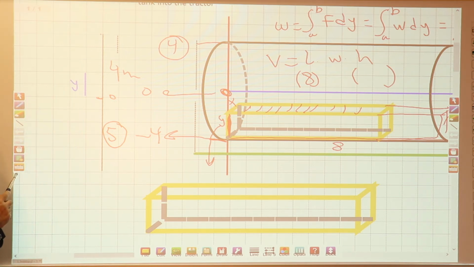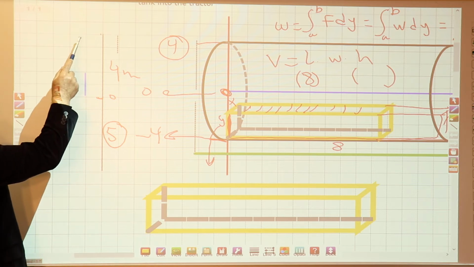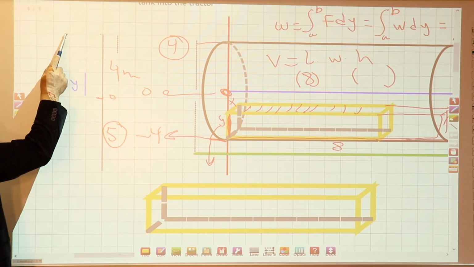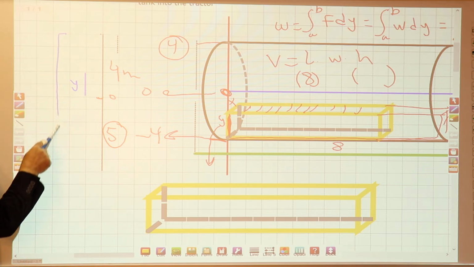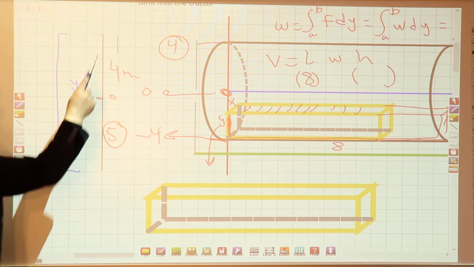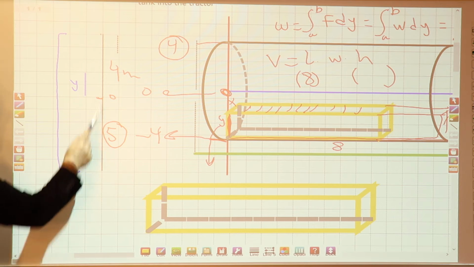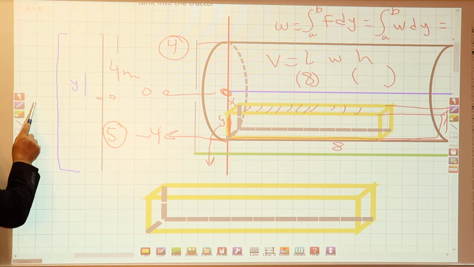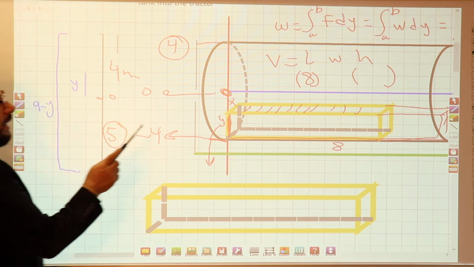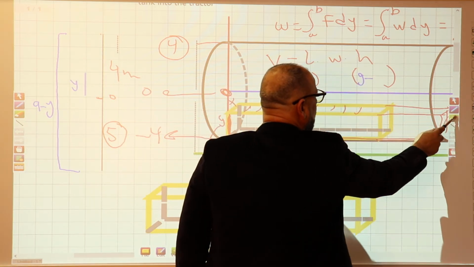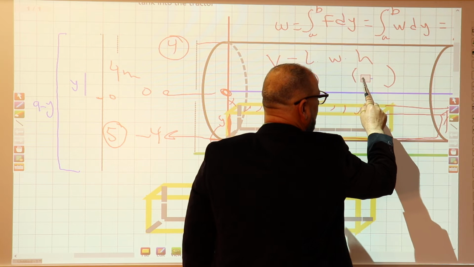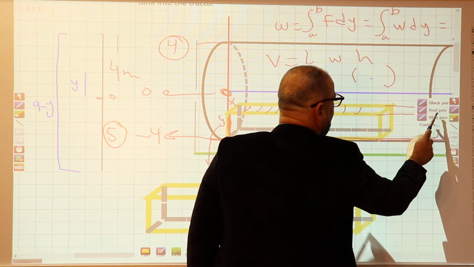Then when you start pumping the total height, if you pump y, how much lift do we have? The total from here to here is how much, the height? 9, this 9 minus y. Then my height is 9 minus y.